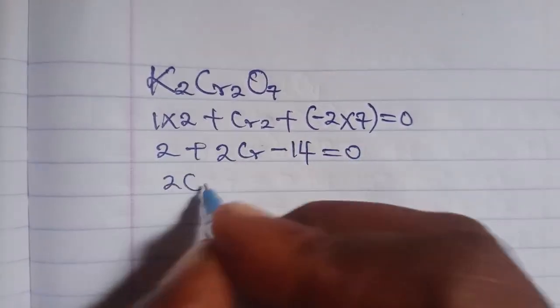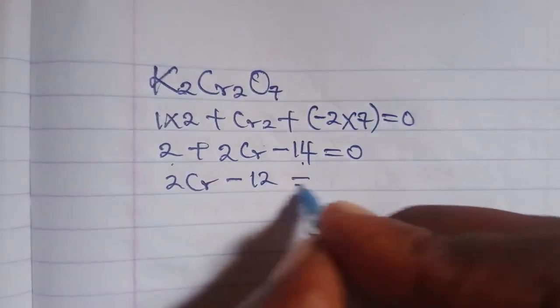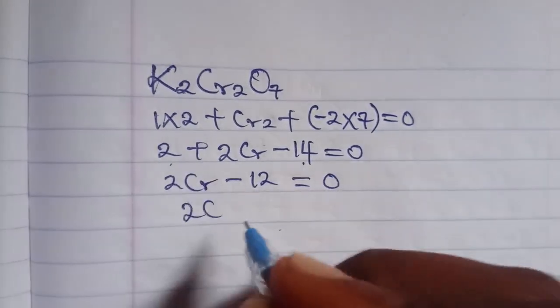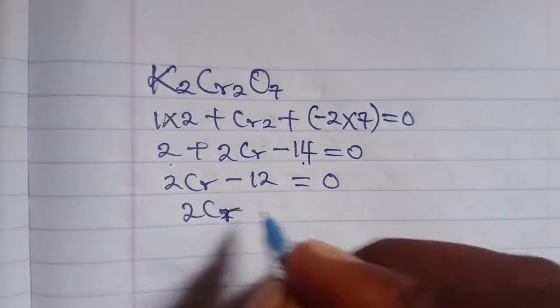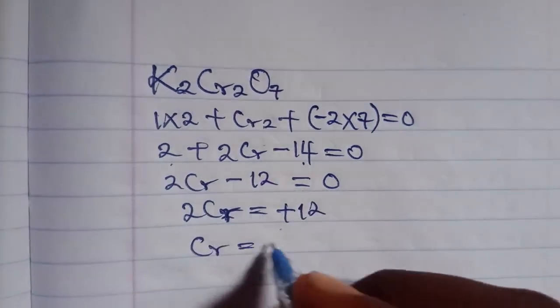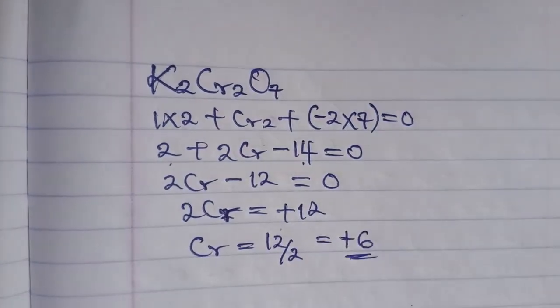So here we have 2 chromium negative 12 equals 0. Therefore 2 chromium is equal to plus 12, and 1 chromium becomes 12 divided by 2, which is plus 6.